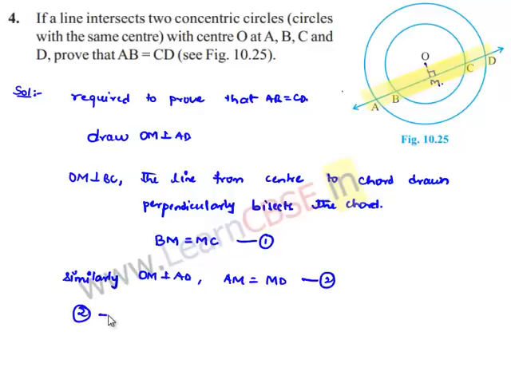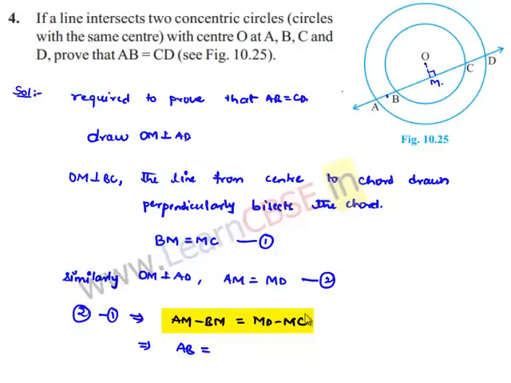Now let us consider 2 minus 1, which implies AM minus BM is equal to MD minus MC. That implies AM minus BM, which is nothing but the segment AB, is equal to MD minus MC, which is nothing but the segment CD. Therefore this is the required proof for us, that is AB is equal to CD, and it is hence proved.